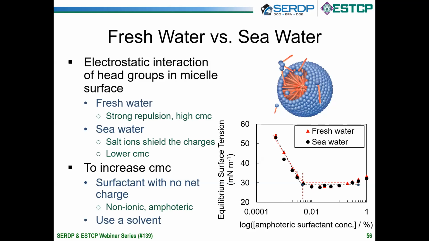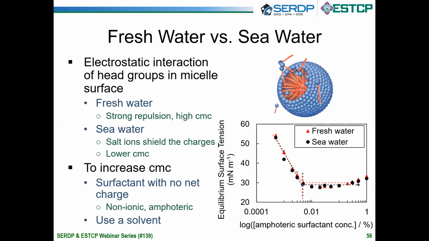But when we do the same thing in seawater, we've now got all these salt ions, we've got sodium ions and chloride ions, and they shield the charges and allow them to pack better at a lower concentration. So when we try and make foam with a charged surfactant in freshwater, we get a nice foam, but in seawater, because the salt shields the monomers in the aggregate, we don't get a good foam quality.